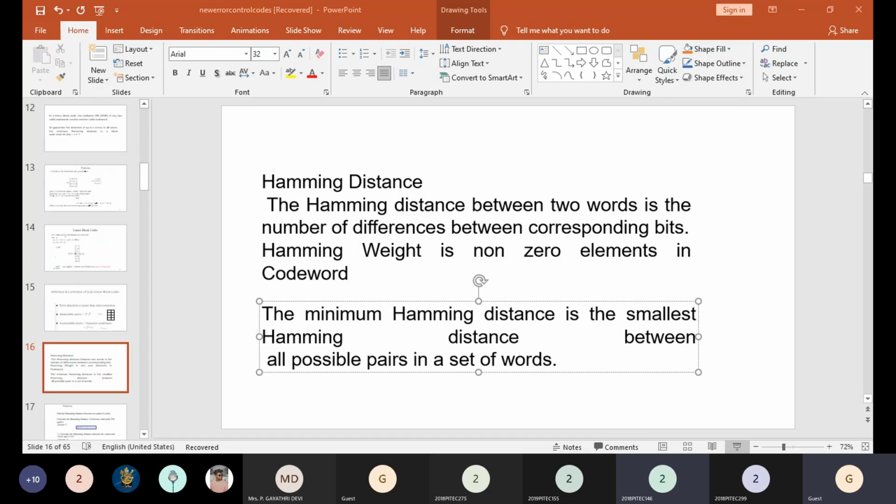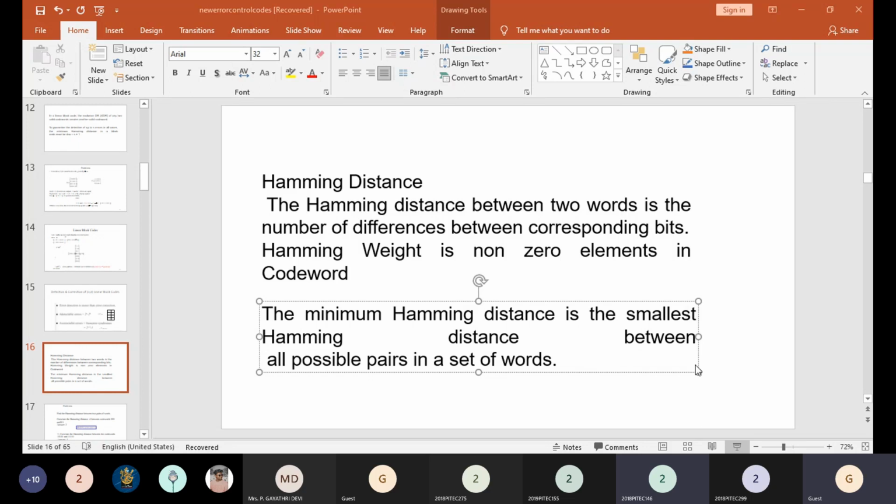This syndrome is more or less similar to what we have seen in the linear block code. Syndrome S is equal to R into H transpose, which is equal to E into H transpose. This is similar to the one which we use in linear block codes.